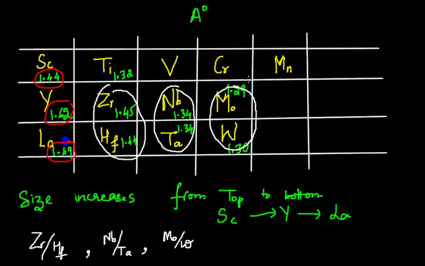So the sizes of the third row transition series are very similar to those of the second row of transition elements, which means what? Close similarity in size makes chemical separation difficult. Therefore second and third rows of transition elements resemble each other more closely than the first row and second row. Second row and third row have a close resemblance because their sizes are very similar.